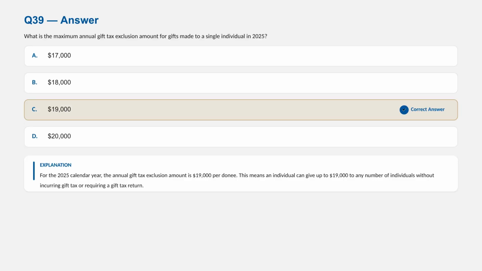The correct answer is C, $19,000. For the 2025 calendar year, the annual gift tax exclusion amount is $19,000 per donee. This means an individual can give up to $19,000 to any number of individuals without incurring gift tax or requiring a gift tax return. Great. Now let's move to our next question.